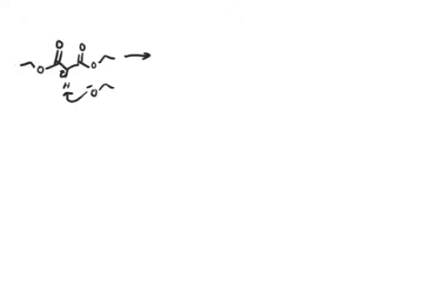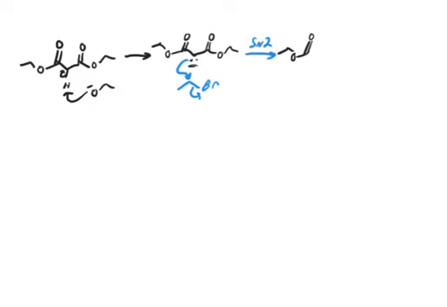Now I can show the resonance structures where I could show it stabilized throughout the two carbonyls, but I'm not going to do that in this case just for brevity of the video. All right, the next step, we're going to do the alkylation of this. We're going to use the ethyl bromide for that alkylation. So I get SN2 displacement of this, and what we wind up with is the single alkylated product.